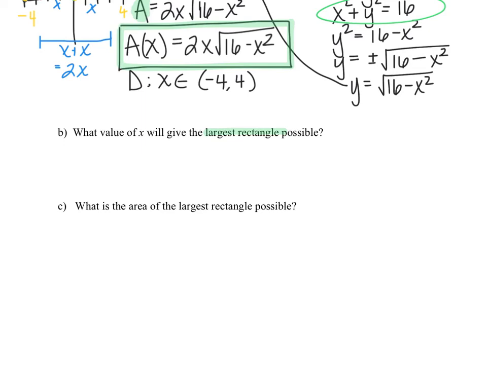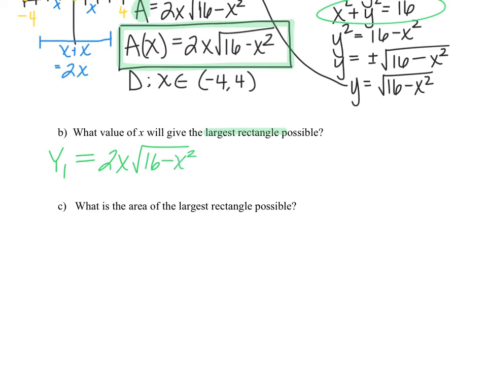So please pause the video and grab your graphing calculator. A little reminder that you'll be using the Y1 section of your graphing calculator in the upper left-hand corner where you have your y equals button. You will be putting your area model into your Y1, and you'll type it exactly like we have it written: 2x times the square root of 16 minus x squared.